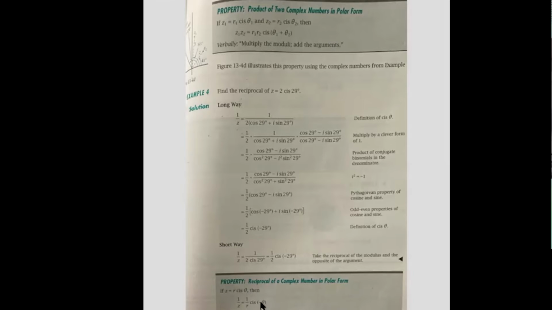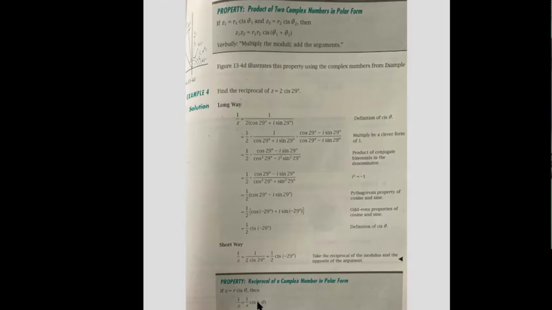And additive inverse means if it's plus, you turn it into negative, and if it's negative, you turn it into plus. So for a reciprocal of a complex number in polar form, take the reciprocal of the modulus and the additive inverse of the argument.